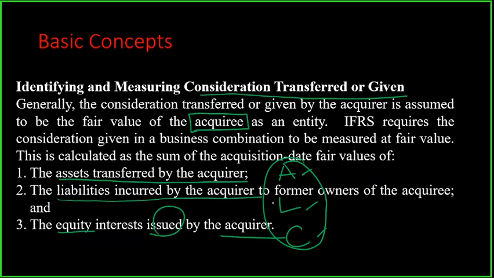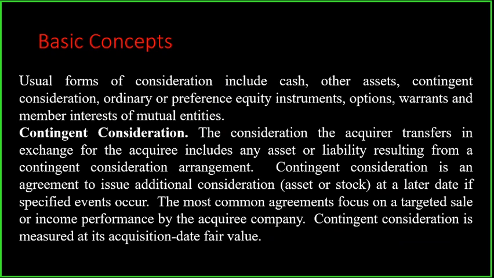That is now your consideration. Now, usual forms of consideration include cash, assets, contingent consideration. We'll talk about that later. Ordinary or preference equity instruments, options, warrants, and member interest of mutual entities.